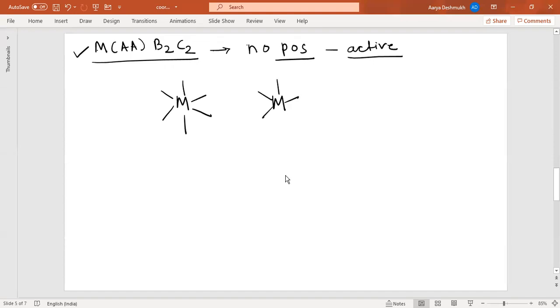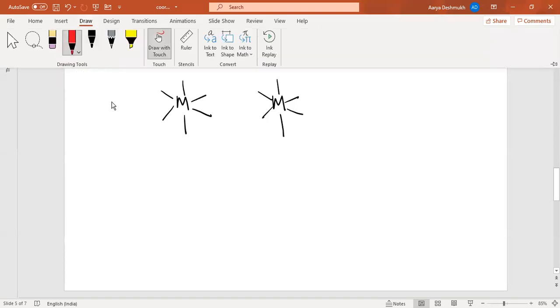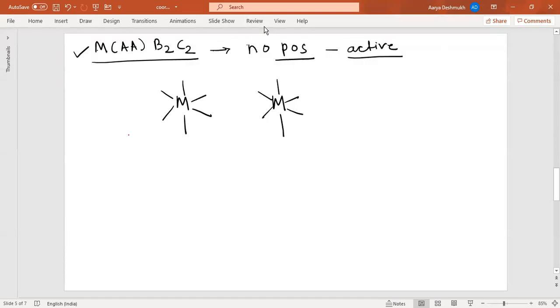So I draw the structure here. Now here I use another color so that we get clear knowledge of this. This is B and B, opposite are the same. Here C and B, or B and C, whatever.